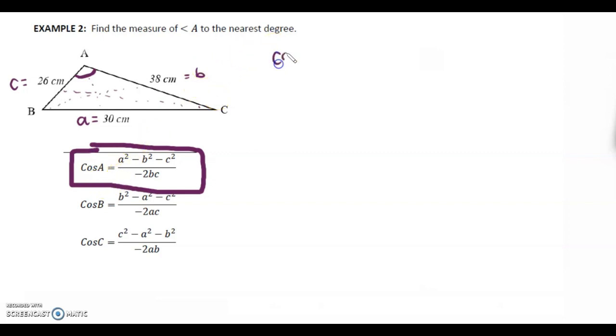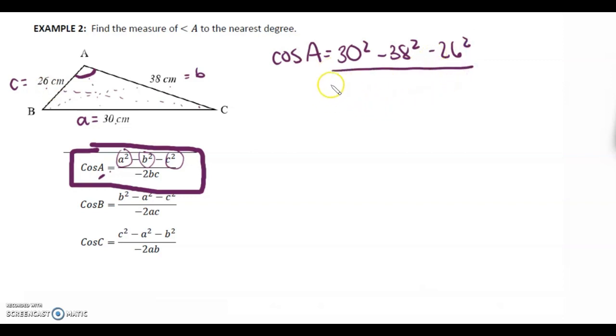So we're going to have cos A, because we don't know what A is, we leave it as capital A, equals A squared, which is 30 squared, minus B squared, which is 38 squared, minus C squared, which is 26 squared, all over negative 2 BC.